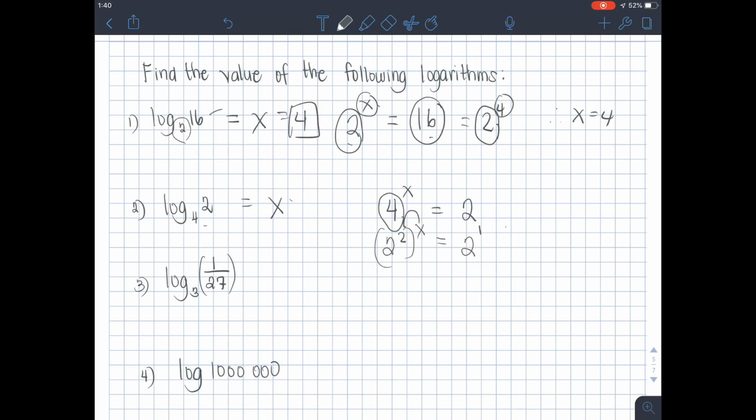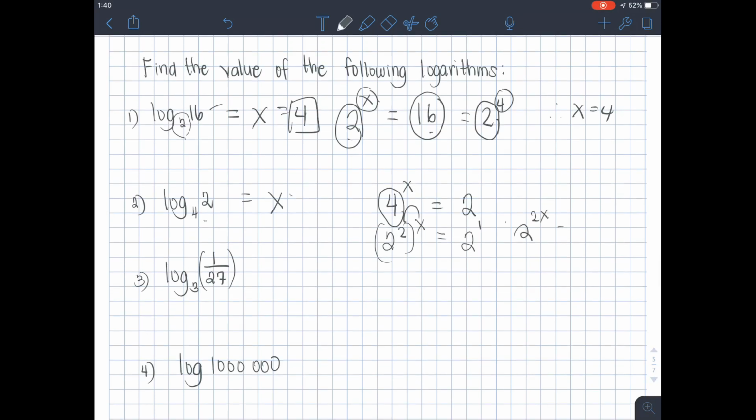Then apply natin yung law of exponent. So, multiply natin ito, diba? So, magiging 2 raised to 2x is equal to 2 raised to 1. Since pareho na sila ng base na 2, pwede na natin equate yung exponents nila. So, therefore, 2x is equal to 1, or simply, x is equal to 1 half. Divide both sides by 2. So, therefore, log of 2 base 4 is 1 half.